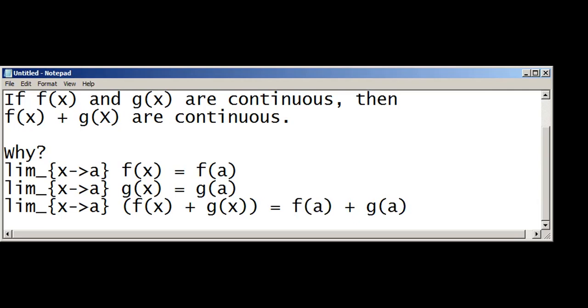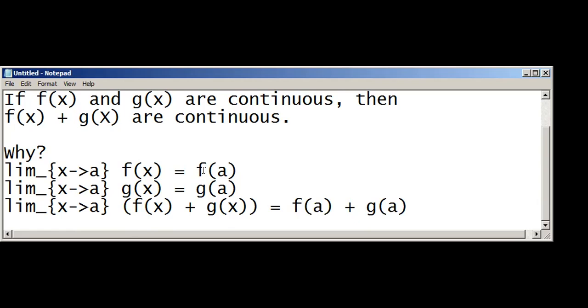And the reason why you know this is true is actually because of the limit laws. The limit law says that if you take the limit of a sum, then it's equal to the sum of the limits. And the sum of the limits in this case are the limit as x goes to a of f of x, which you know is equal to f of a, and the limit as x goes to a of g of x, which you know is equal to g of a.